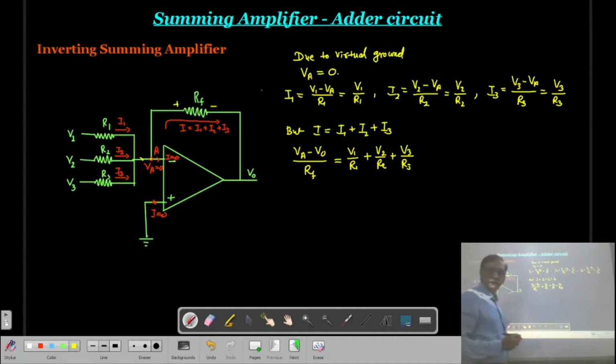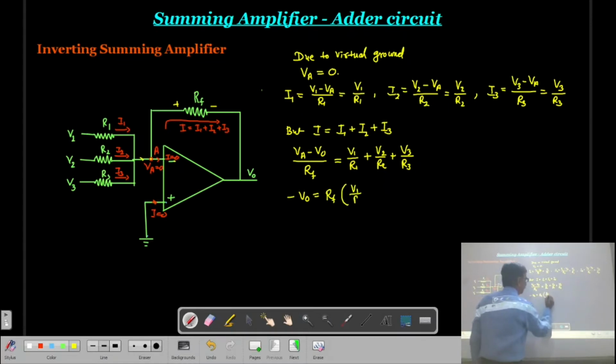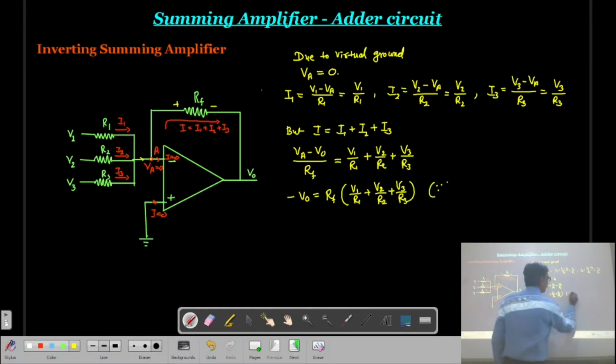But VA is 0, so we can write that minus VO equals RF times (V1 by R1 plus V2 by R2 plus V3 by R3), because the potential at point A is 0.